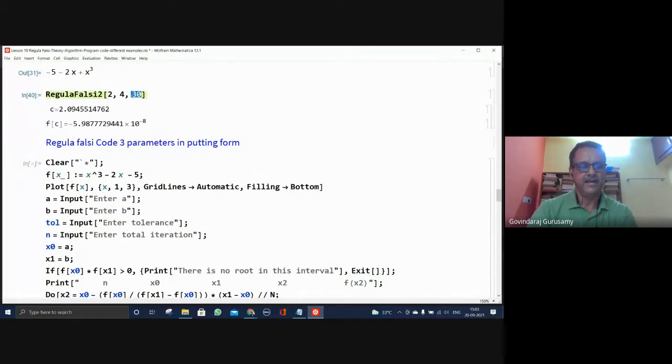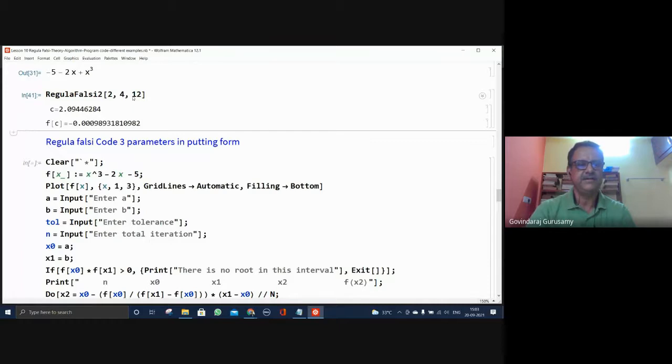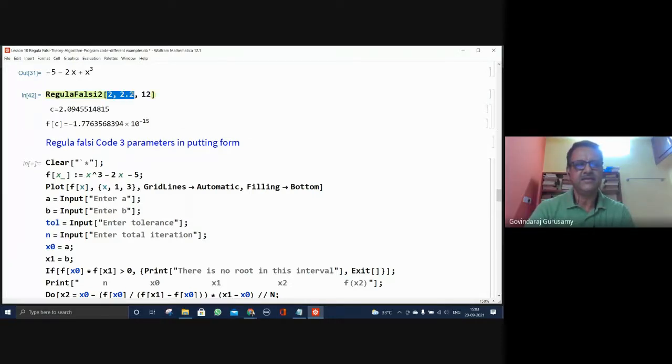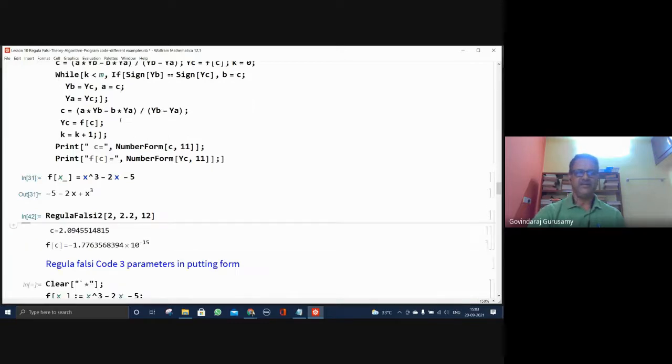If I make it 12 iterations for the same thing, accuracy is limited for the wider range. Suppose I am close to that, say 2.3 or 2.2, then you see the difference, no? Then the accuracy I'm getting is 10 to the power of minus 15. So this is something required depending on your computation capability. Now your systems are so fast, it's not an issue. But in olden days, these were all very difficult problems, all time-consuming computations.